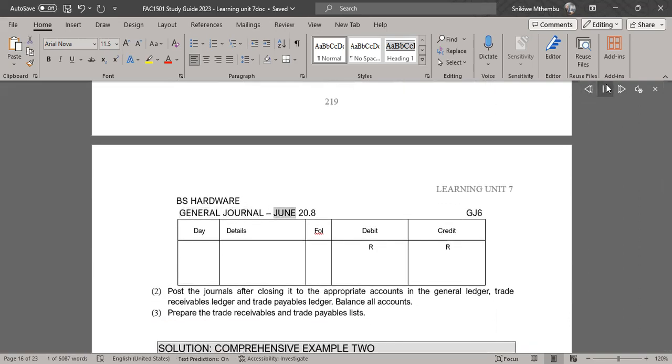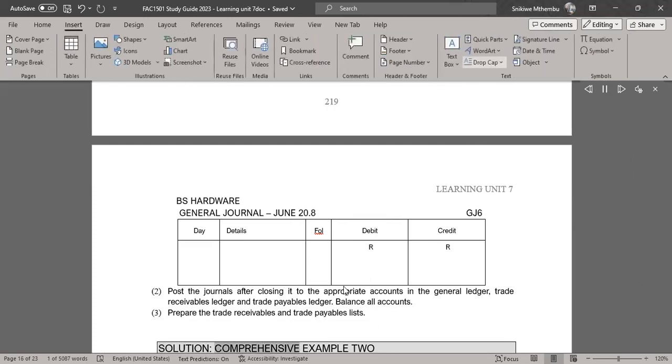General Journal, June 20.8 GJ6. Post the journals after closing it to the appropriate accounts in the General Ledger, Trade Receivables Ledger and Trade Payables Ledger. Balance all accounts. Prepare the Trade Receivables and Trade Payables lists.